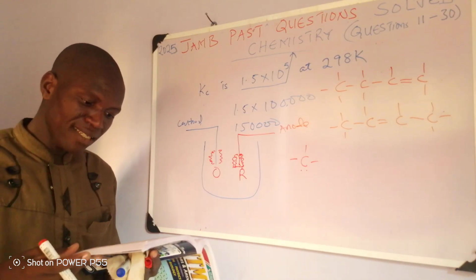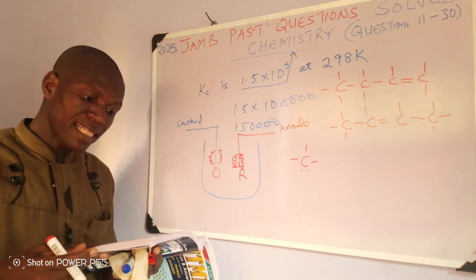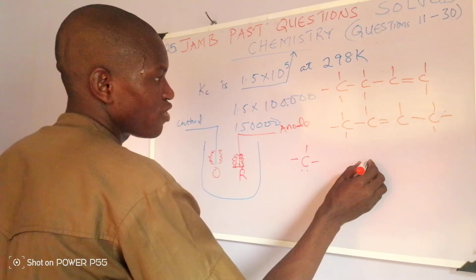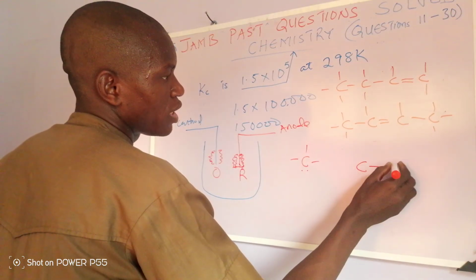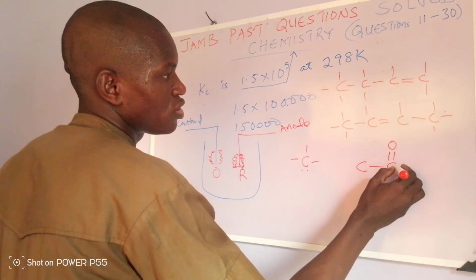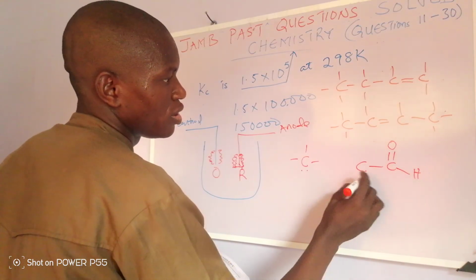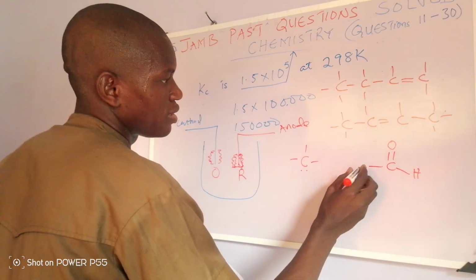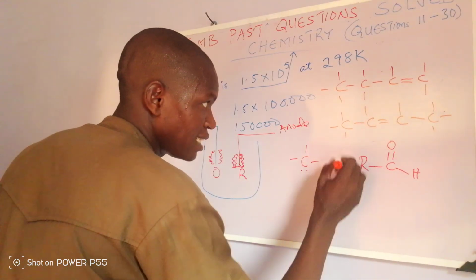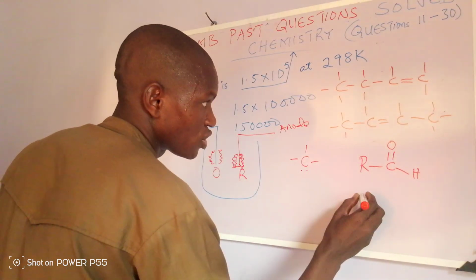So question 29 says, aldehydes differ from ketones. Aldehydes, do you remember the formula for aldehydes? Okay, this is oxygen, hydrogen. Let me just write it. This is the general formula. R is just any carbon chain.